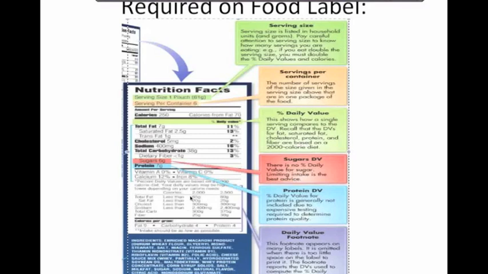So how much of this individual food that you're eating, what are the percentages that contribute to your total 2,000 calorie diet, assuming that you're eating that specific amount of calories for the day. And then you'll see the ingredients label, which we'll walk through with you in the next picture.